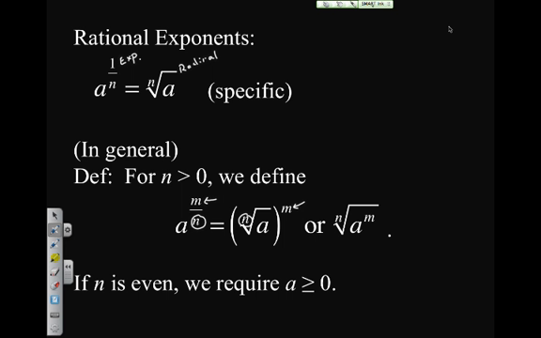And two different ways of writing this. You can write it with the parentheses and the exponent second, or you can go ahead and write the exponent inside of the radical. If m is an even number, we have to have a being positive because, again, we cannot take the square root or the fourth root or the sixth root of a negative number. So that's going to be important as long as n is even.